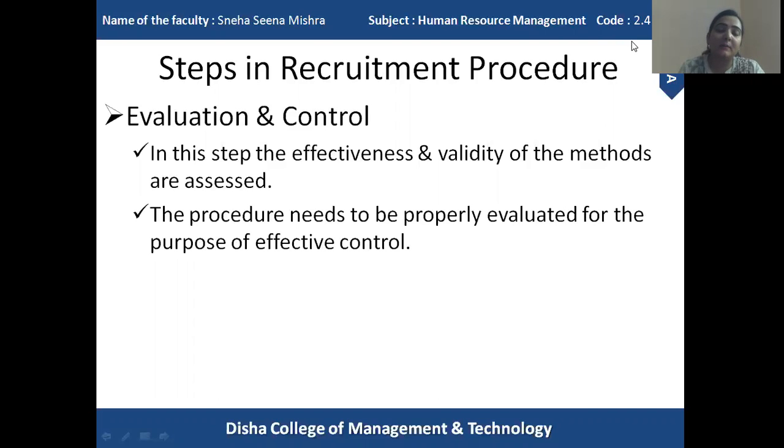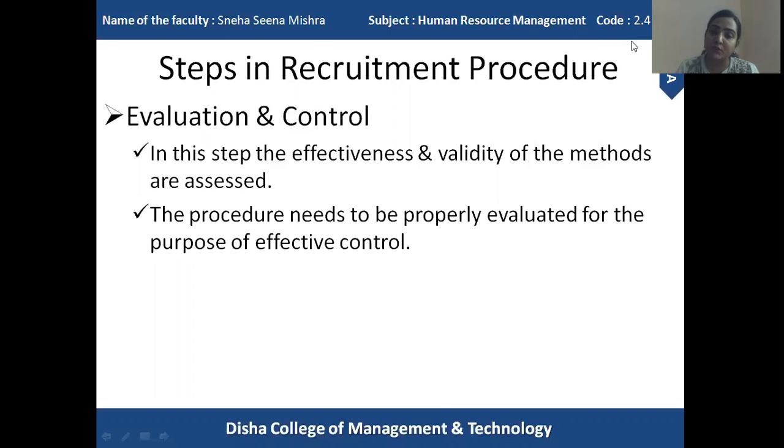So for that reason, evaluation and control becomes very necessary for every type of procedure, every type of method which is used. So this is the last step in the recruitment procedure. Here it simply says that in this step the effectiveness and validity of these methods are assessed.